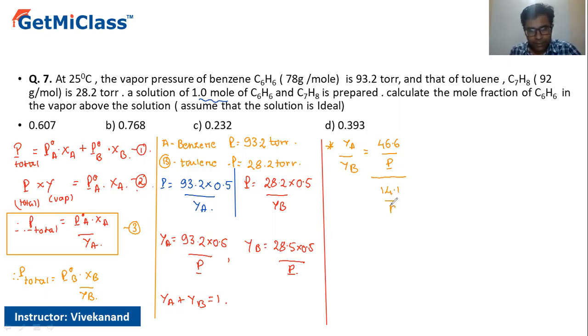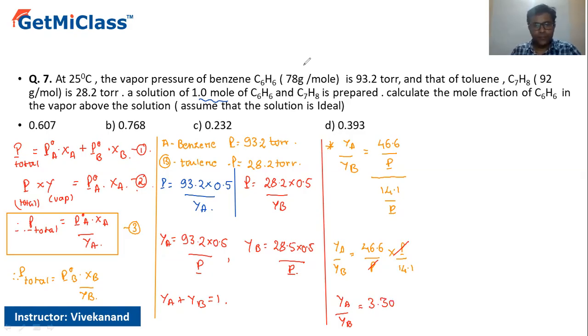Divided by P. So YA over YB is quite simple: 46.6 divided by P, the whole thing divided by P into 14.1. Now let's take this down. YA over YB is 46 divided by 14, and that gives me the value of 3.30.